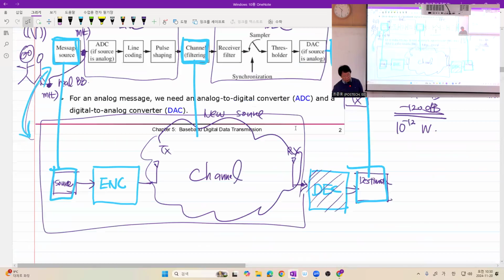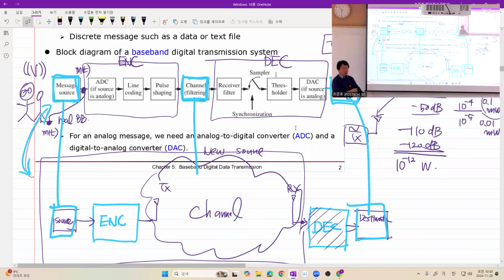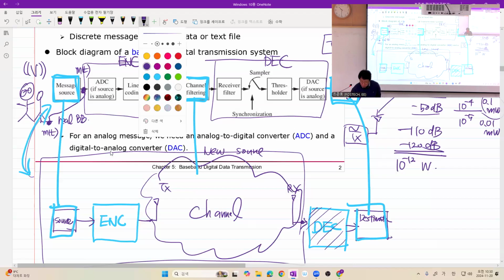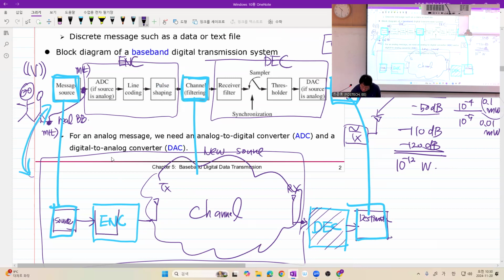So let's go back. I'm not saying that this is the only way. Usually, the encoder part has some source coding part first. So source encoding, and then channel encoding or channel encoder.